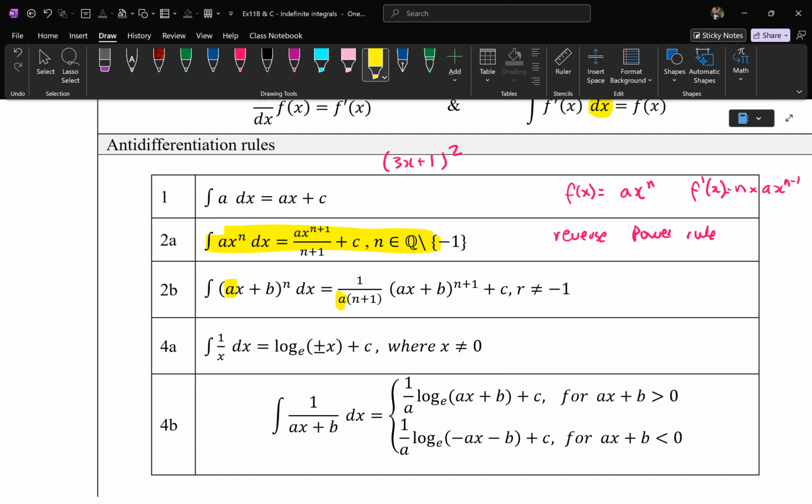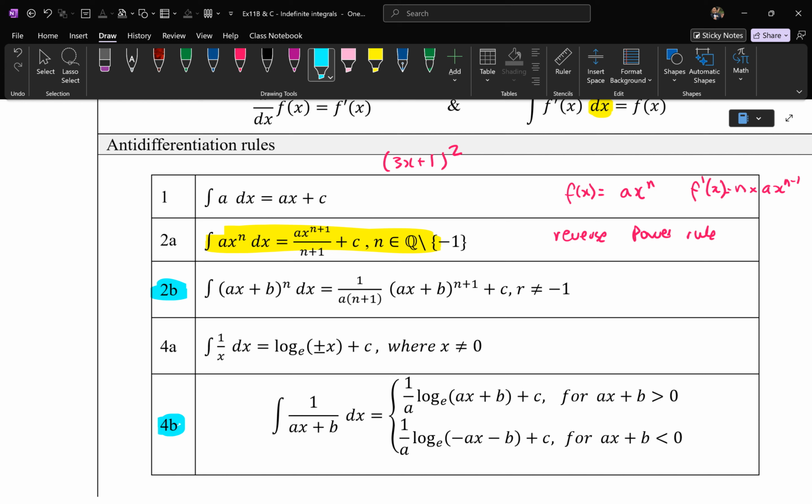Note though, there is a general confusion, and for a while in your past exams, for exam 1, I think it was question 1B or 2 usually, they usually mix between this one and this one because they look very similar. You see that they've both got ax plus b to the power of n.